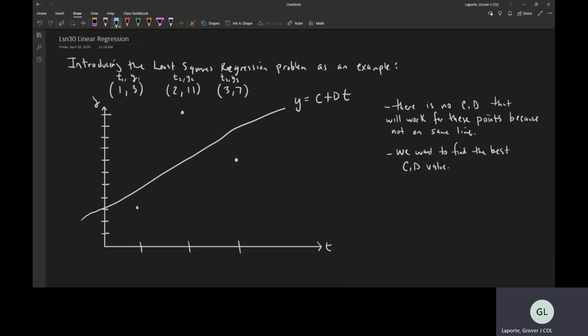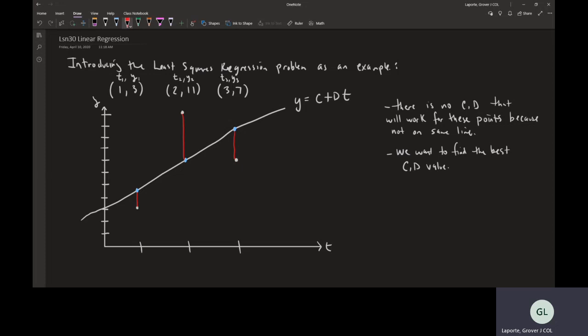If instead of 1, 3 we had 1 and whatever that value is, and then 2 and whatever that is, and then 3 and whatever that one is, then we would have a C and a D that would fit. But we don't, so regardless of the C and D that we choose, there's going to be a little bit of error involved in these points.